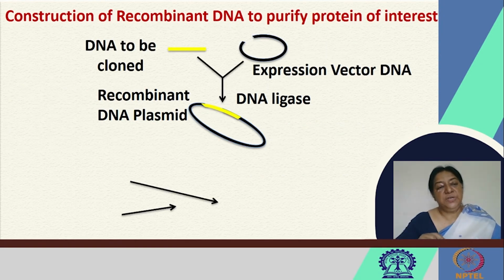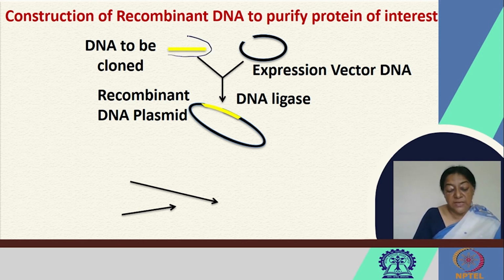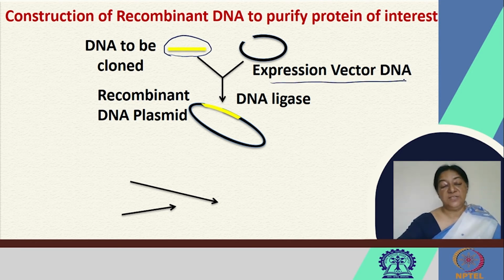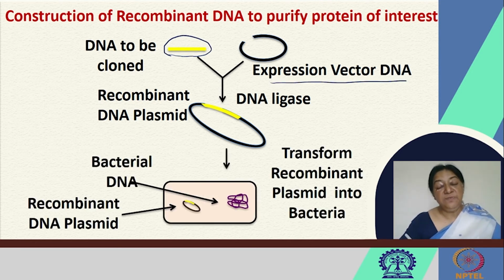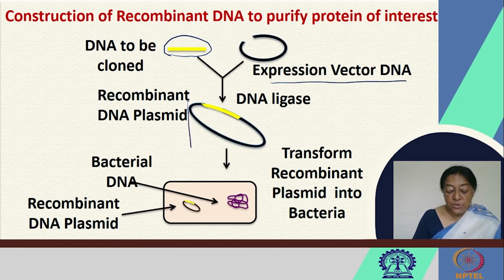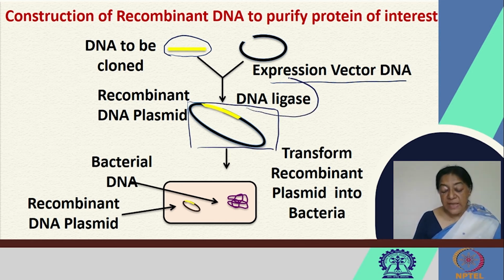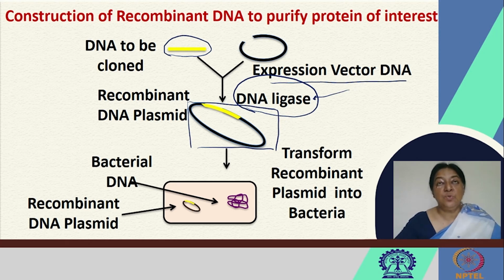In our expression here, we have the DNA that is to be cloned, and this is our expression vector DNA. The expression vector DNA is then used to create what is called a recombinant DNA plasmid. This is done by the use of an enzyme called DNA ligase. We will see what this ligase means when we come to our topics related to enzymes.